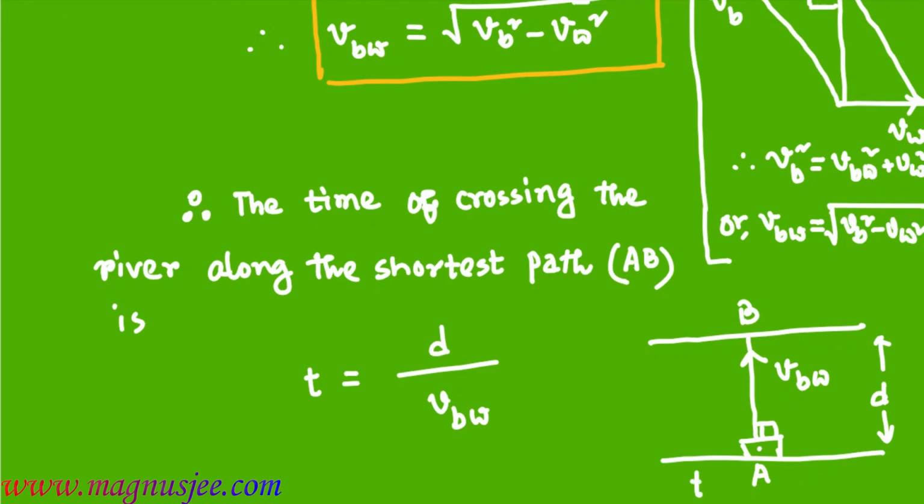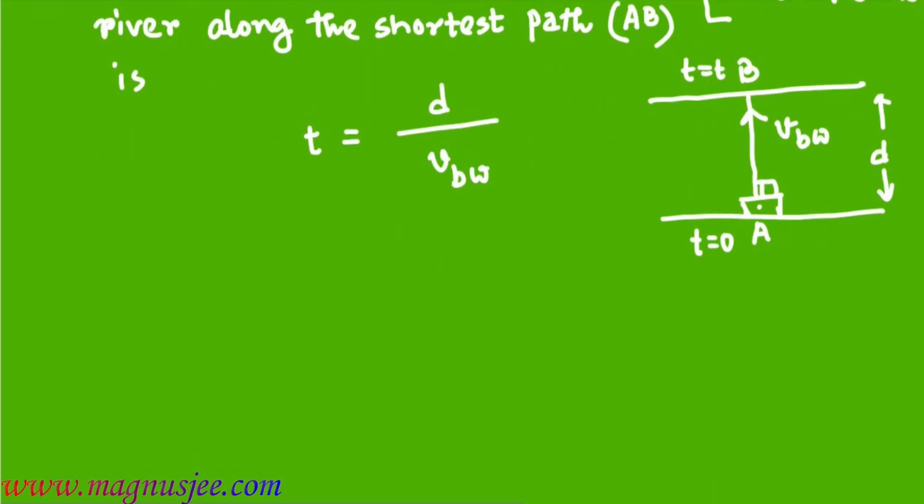Hence, the boat starts to move from the point A at t equal to 0 second, and it will reach the opposite bank at the point B at time t equal to t second. Hence, t equals distance by velocity, t equals D by VBW, D divided by root over VB square minus VW square. So this is the time of crossing the river along the shortest path.